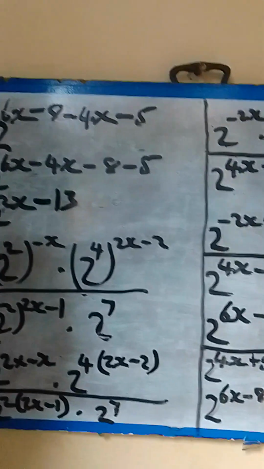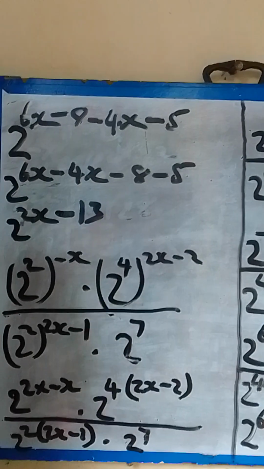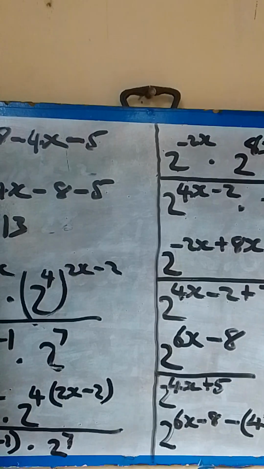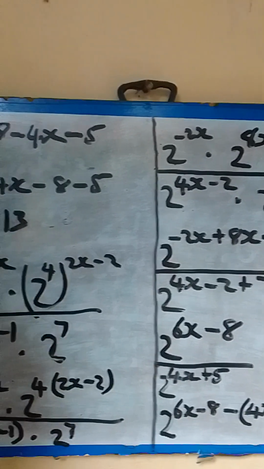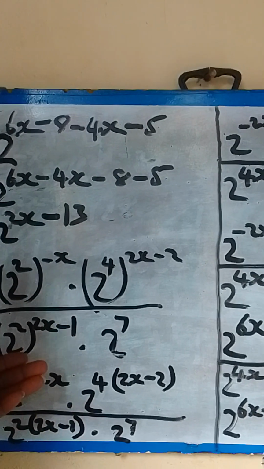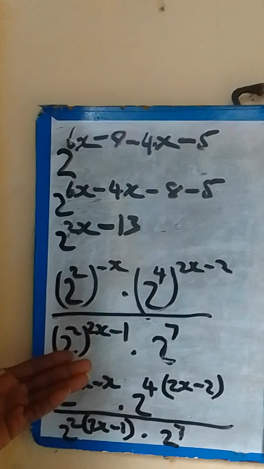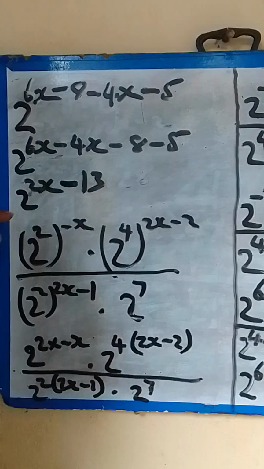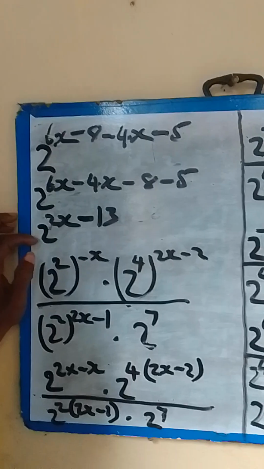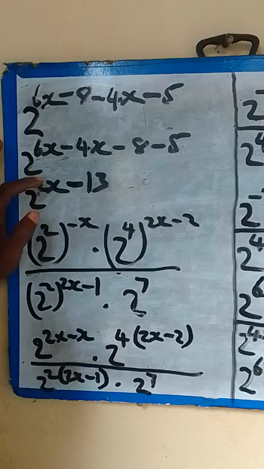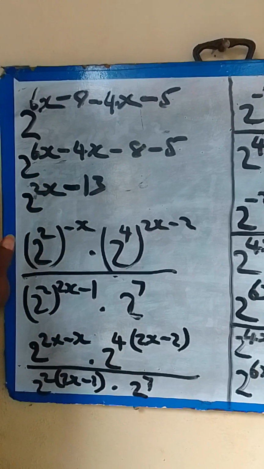So that is what we are seeing there on the board. Looking at this critically, this is 2 raised to power 2x minus 13.